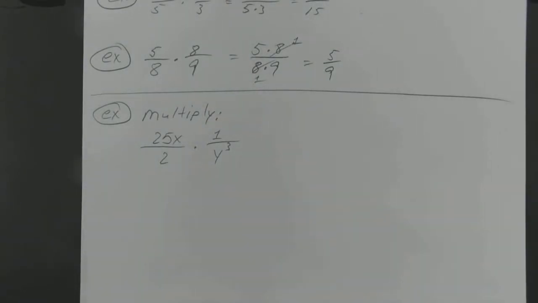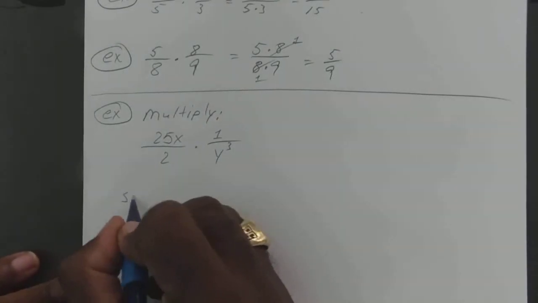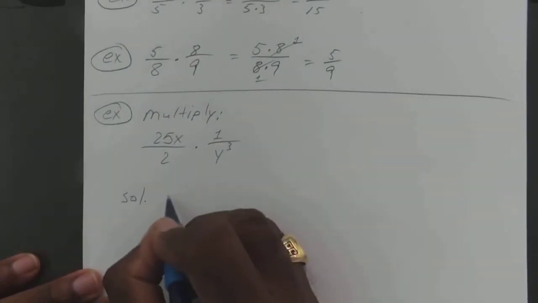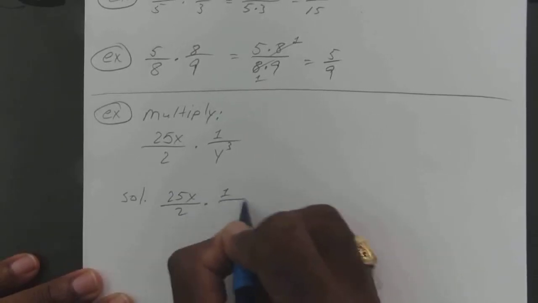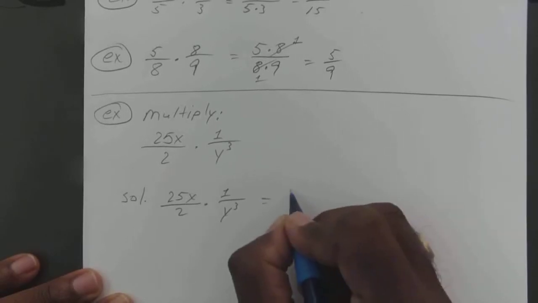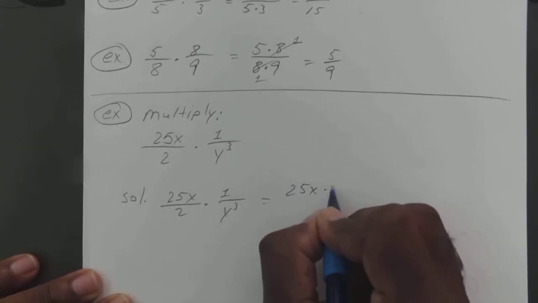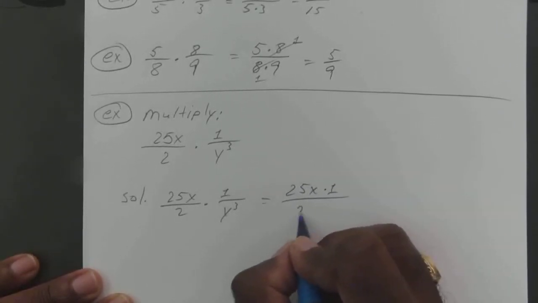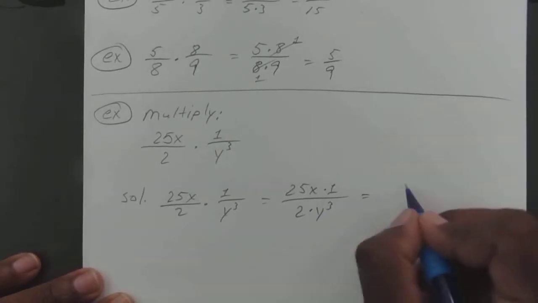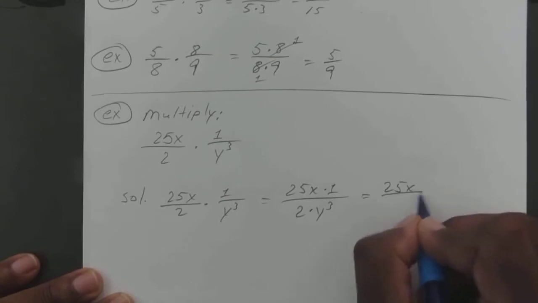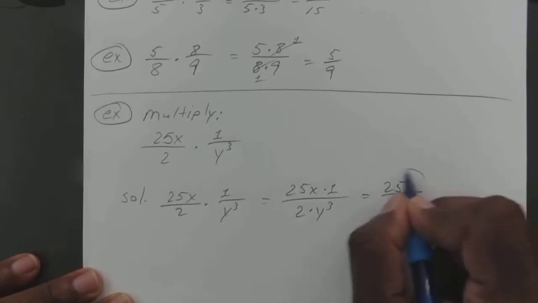You just multiply it right across. So that's 25x times 1 over 2 times y to the third. So you just get 25x over 2y to the third.